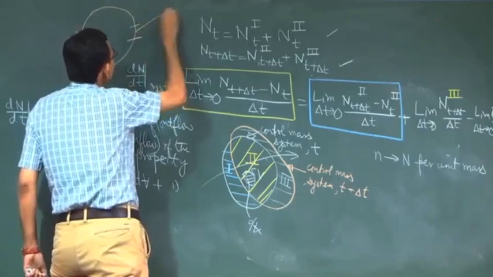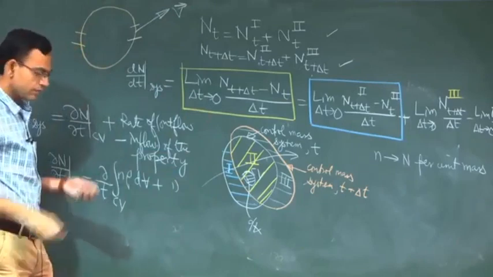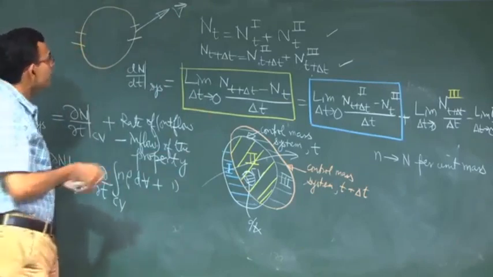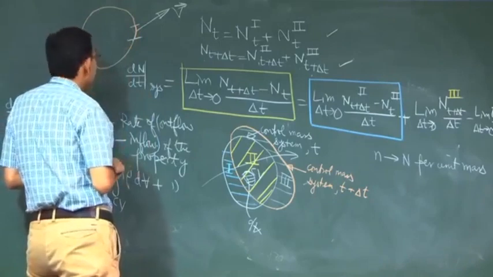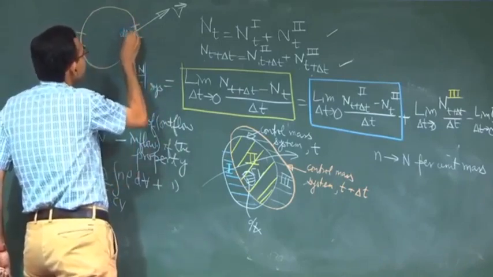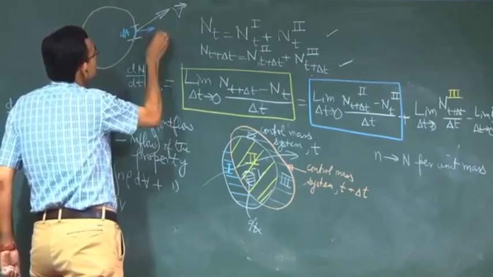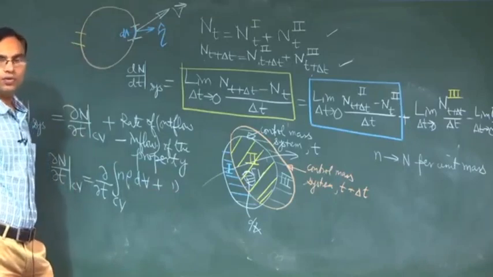When you have an outflow boundary, let us say this is the velocity V, and you define this dA, which I am trying to show with a different color, this dA with a unit vector normal to it.